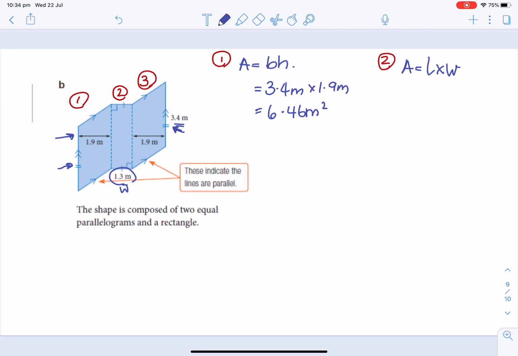And because I'm using a parallelogram on the outside, I know that this side here is the same as this side here. So my length is 3.4 meters. I'm going to multiply that by 1.3 meters and come up with 4.42 meters squared.